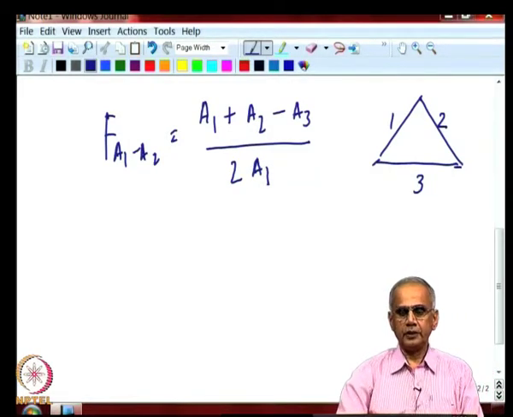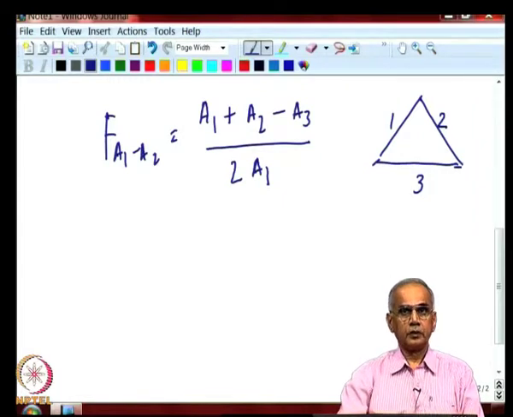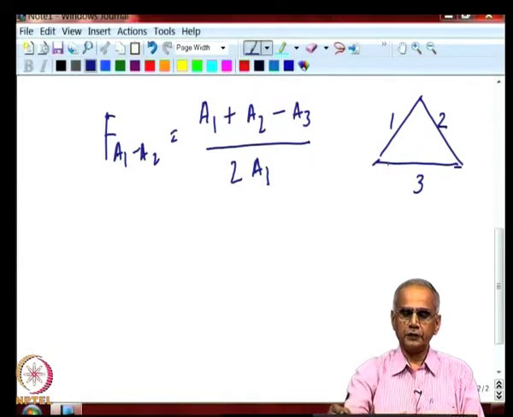If you recall, we derived this just by looking at the 6 shape factors involved, F12, F21, F13, F31 and F23, F32, and we had 6 equations, 3 equations satisfying the law of conservation of energy for the 3 surfaces, and then 3 equations that involve reciprocity. So, we could solve for all the shape factors, and so we got this result.